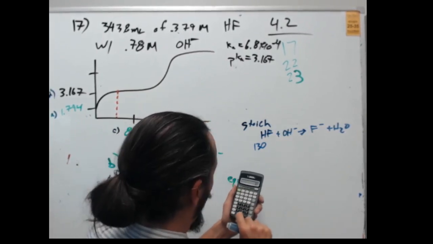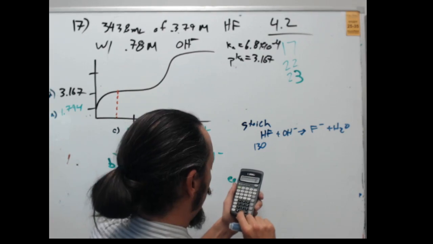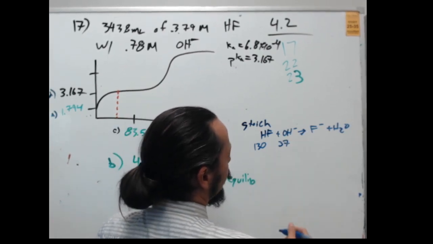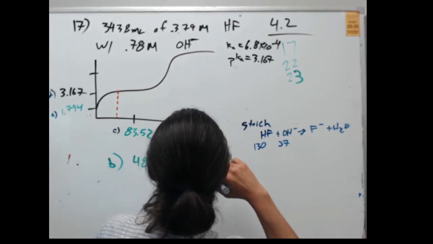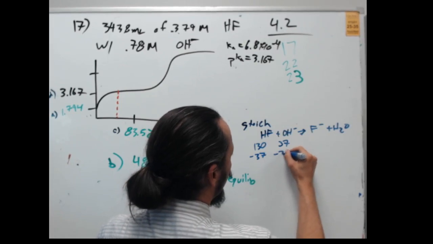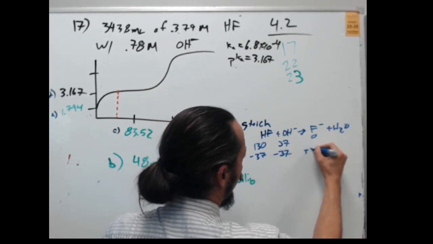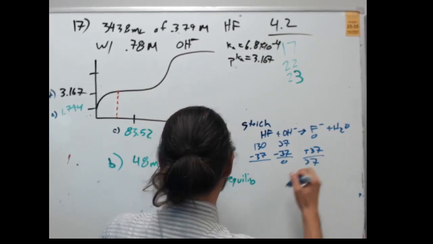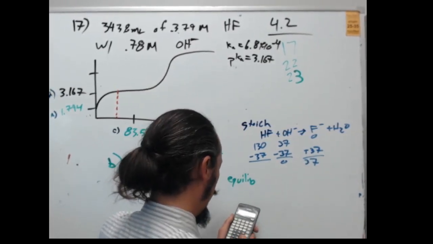Then 48 times 0.78 is 37 millimoles. So minus 37, minus 37, 0 plus 37, 0, 37, plus 130.